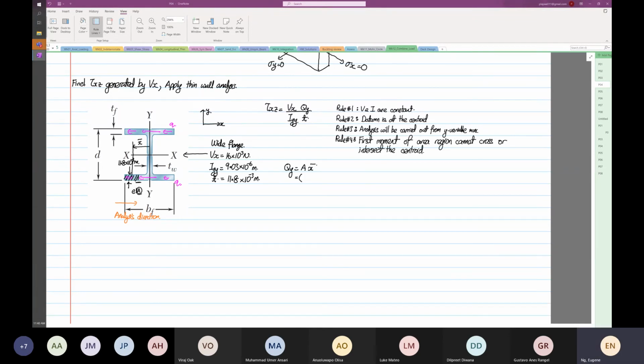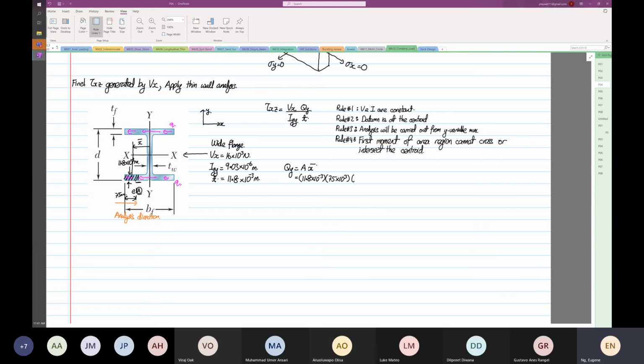So the area is equal to the width. One of the dimensions is 11.8 times 10 to the power minus 3, and then the other is 75, because the distance from here to here is 75 millimeters. Now we have to find the X bar.